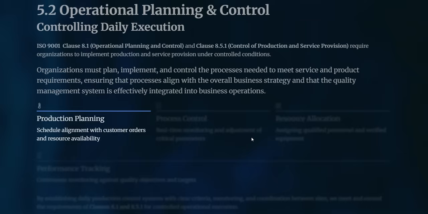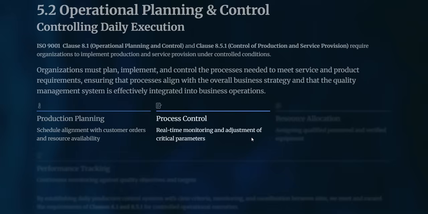First is production planning, ensuring schedule alignment with customer orders and process availability. Second is process control. We have to ensure real-time monitoring and adjustment of critical parameters accordingly. The third, planning and control, is resource allocation. We have to ensure assigning qualified personnel and verified equipment.